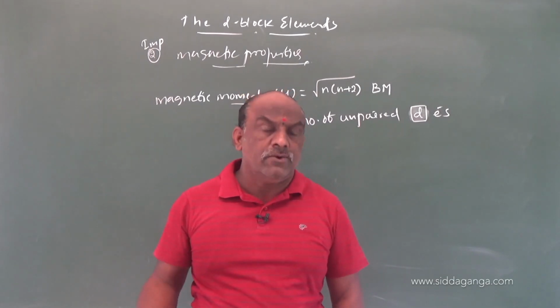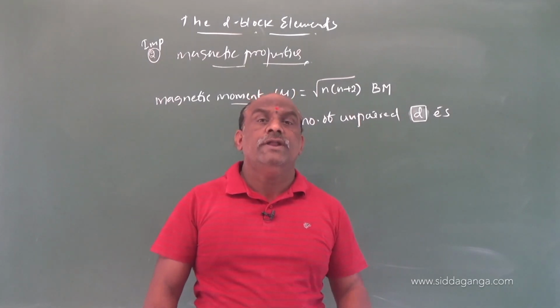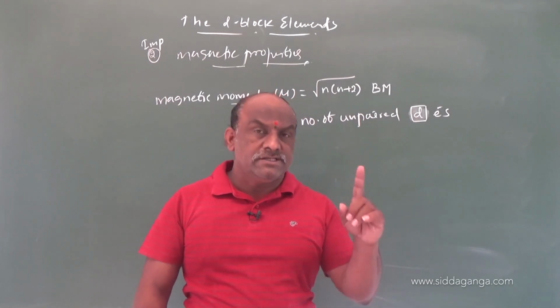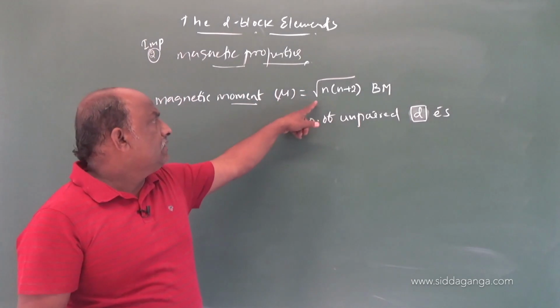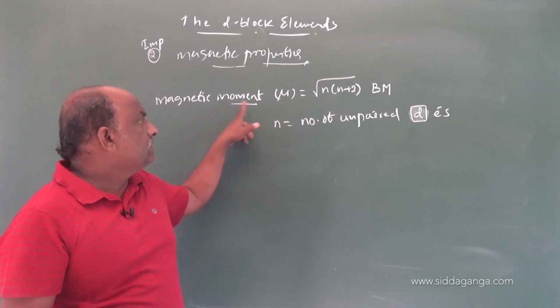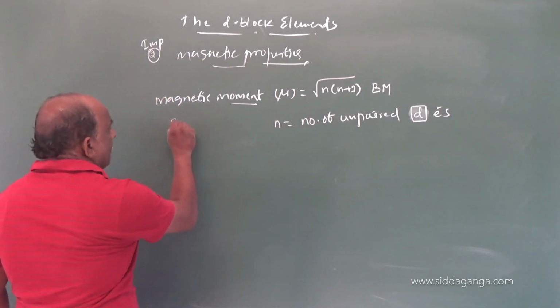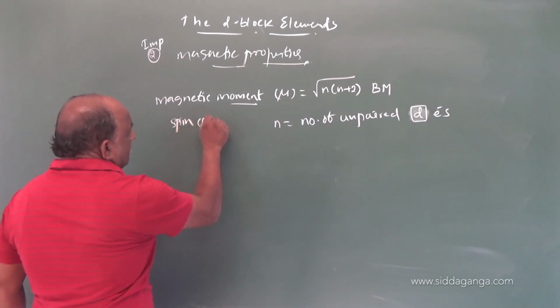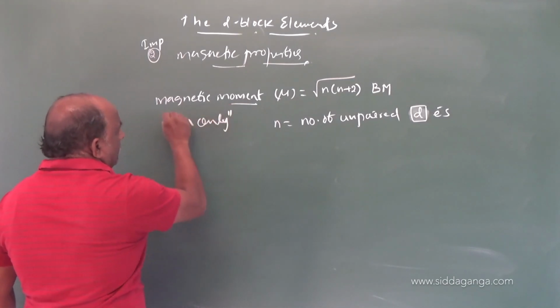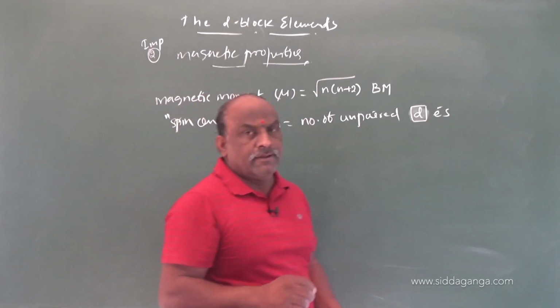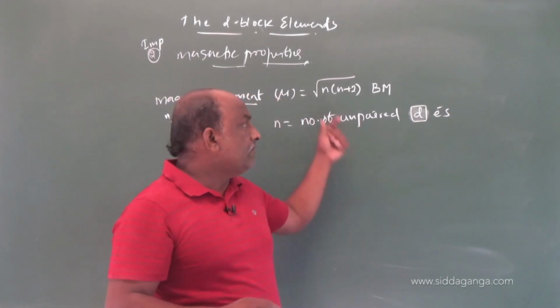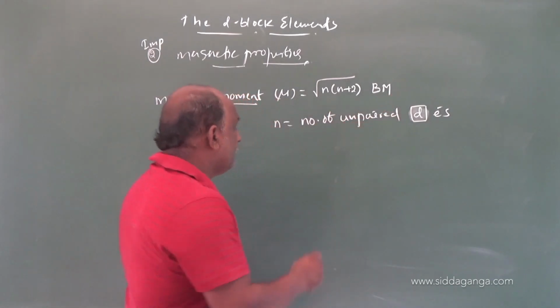In the ionic state, we have to calculate the number of unpaired d electrons and substitute the value in this equation, then we will get the magnetic moment. This is said to be the spin only magnetic moment. Magnetic moment can be measured in Bohr magneton.